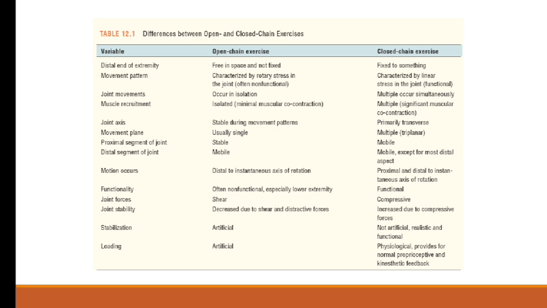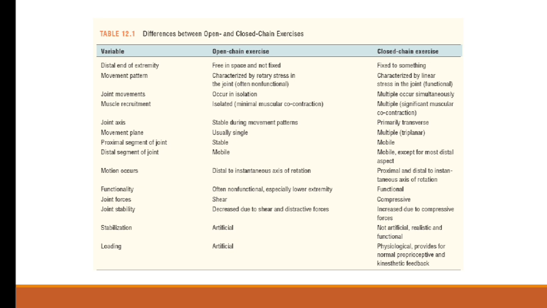Joint movement occurs in isolation in open chain and is multiple in closed chain. Then muscle recruitment would be isolated and multiple in open and closed chain respectively. Then joint axis would be stable during movement pattern in open chain and transverse in closed chain.